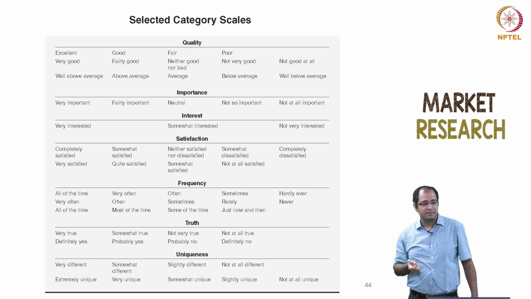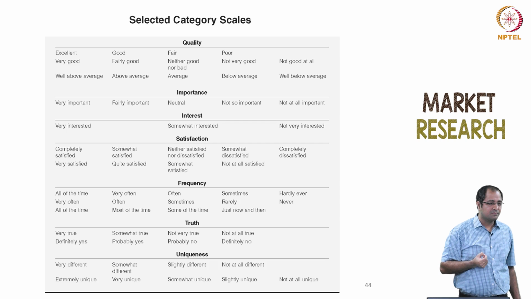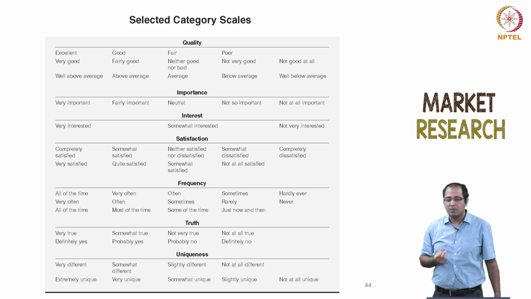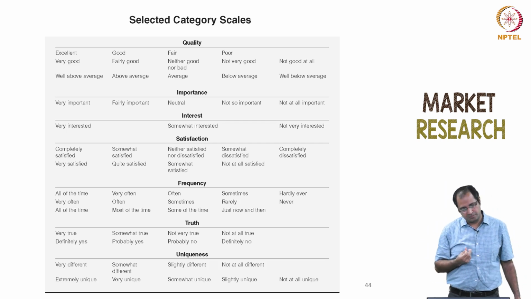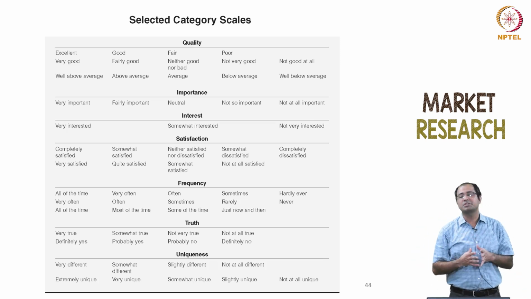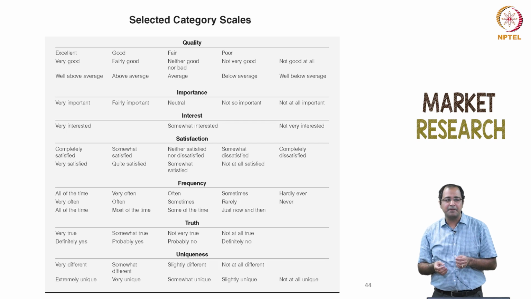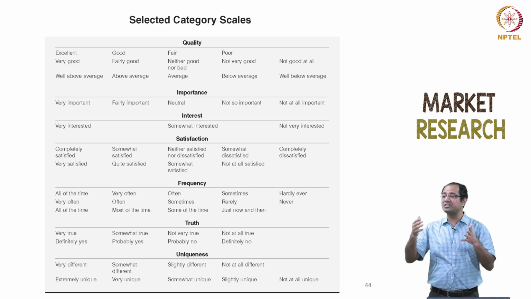Sir, what if the respondent's response is polarized for similar kinds of questions? For one question it's 5, for the other question which is similar it's 1. Then how do you interpret it? Very good question. For a certain respondent, let's say the responses are polarized.